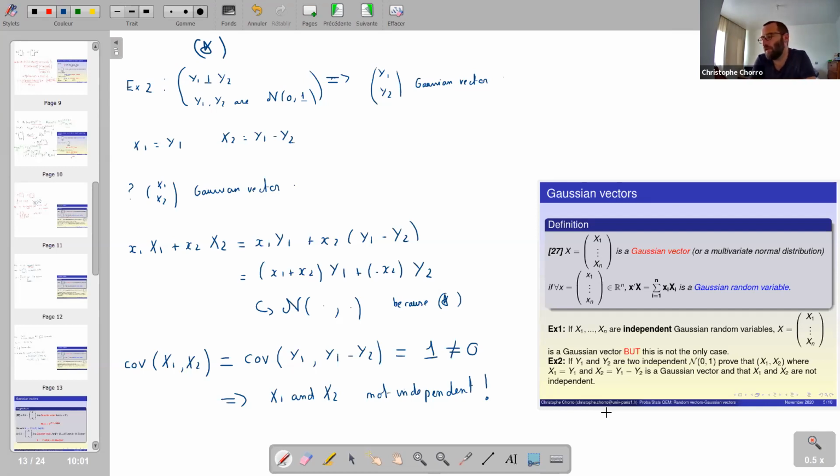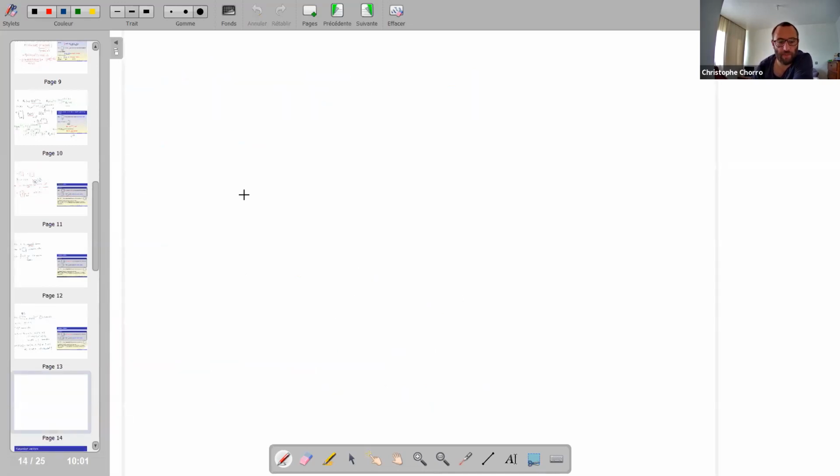What is it to work a little? In the case of a Gaussian random variable, maybe I can add this here. If you have X1 that follows N(m, sigma square), we have seen three things together.